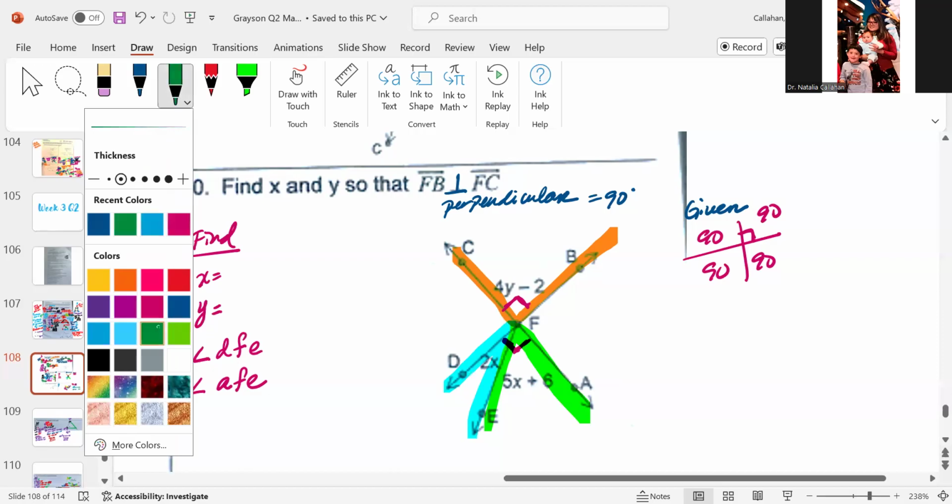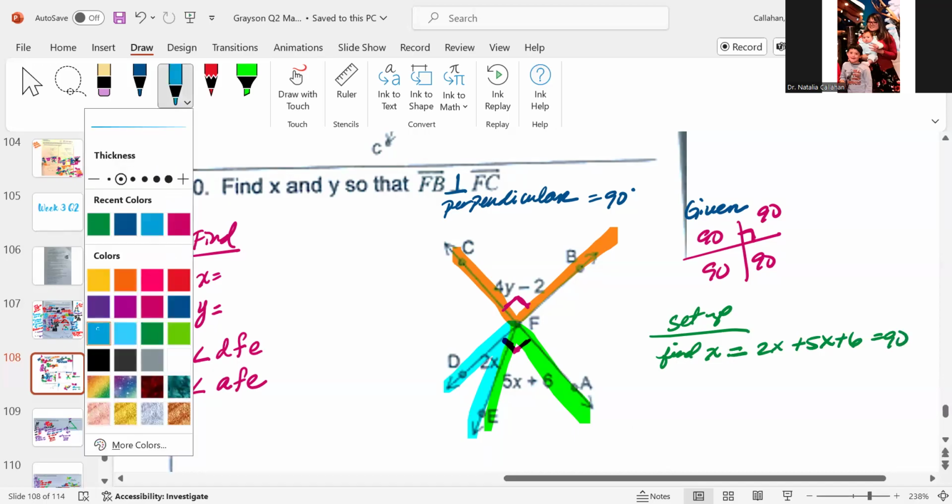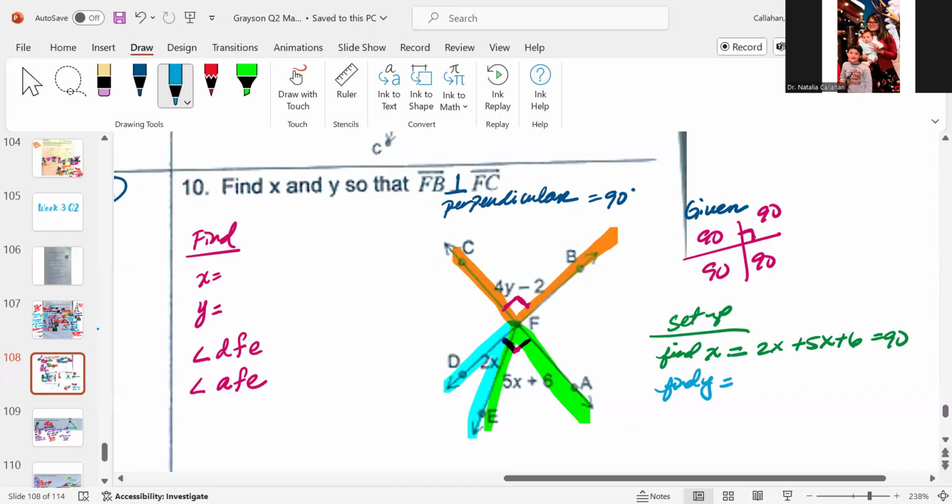How are you going to set this up to find it? 5x plus 6 plus 2x. Good. So to find x, 2x plus 5x plus 6 equals 90, right? That's how you find x. How do you find y? Or y minus 2 equals 90. You got it. Yeah, that's how you do it.